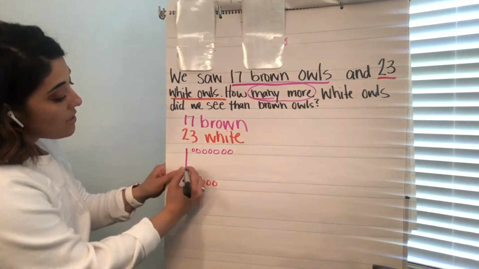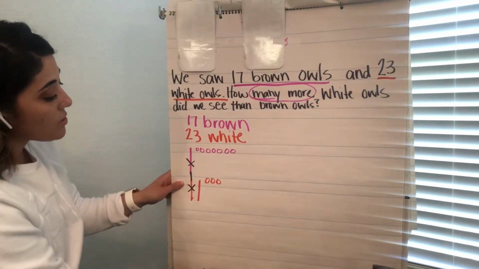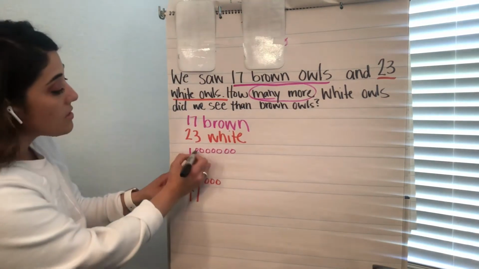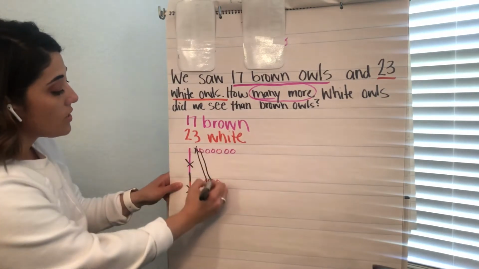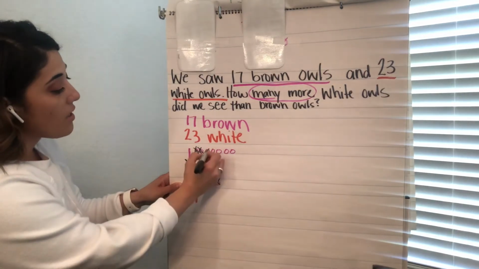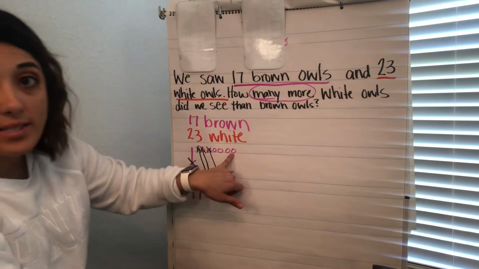And so here we see this 10 with this 10, so we can take those away. And then I can compare the ones. So we see them match up there, and we see a match up there.